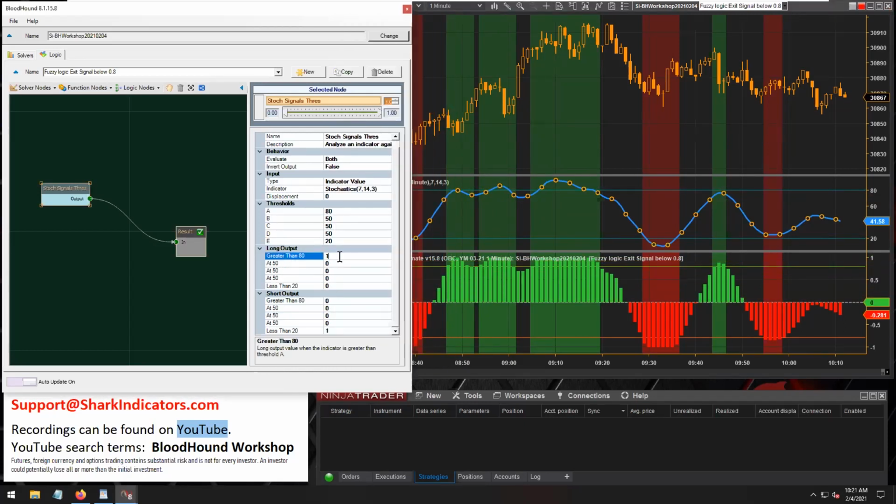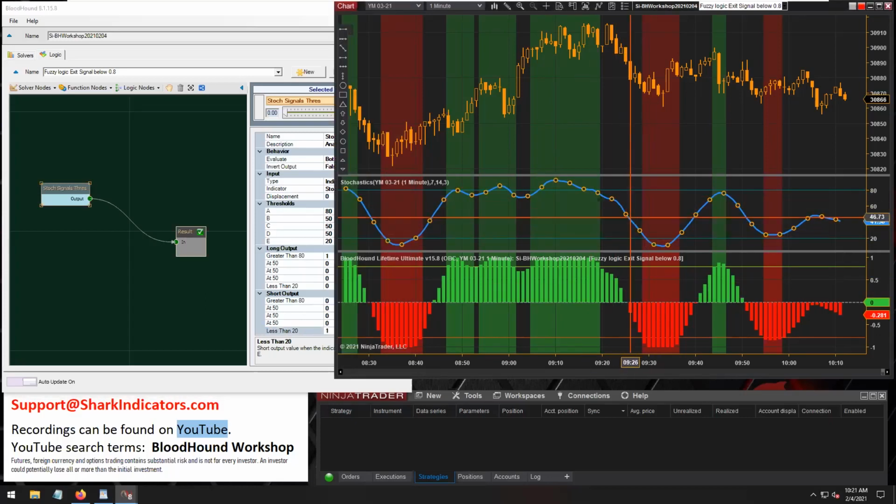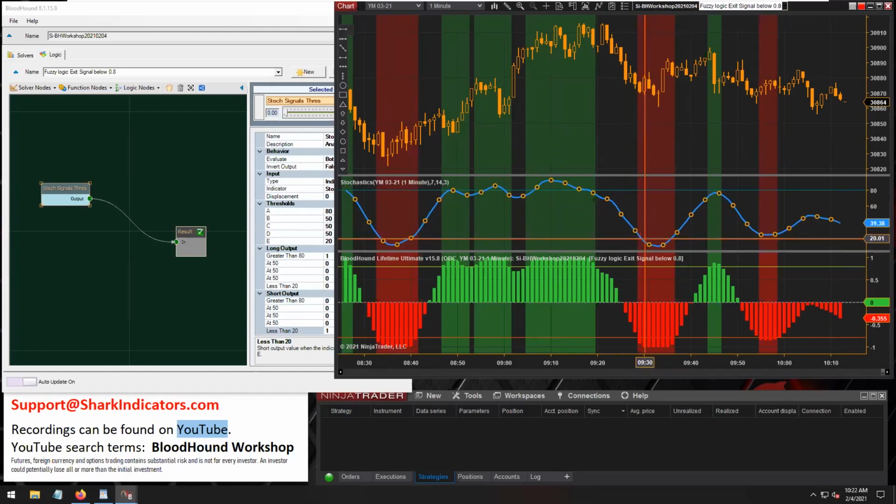As the stochastics gets closer to 80, BloodHound's output gets closer to 1, or 100%. And as the stochastics gets closer to 20, then the short output gets closer to 1, right? So as the stochastics is going down and hits 20, BloodHound's output hits a value of 1.